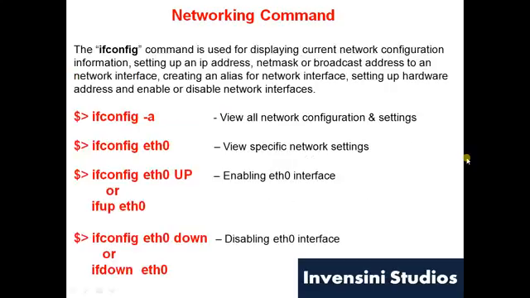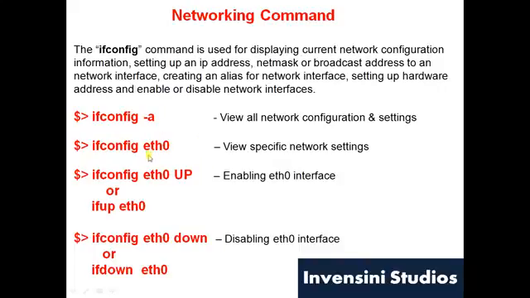Ifconfig, a very versatile command, very versatile. Suppose I want to know about my system, right? So I will say ifconfig, and it will tell me all the configuration like IP address, RX, TX, and if I say -a, it will tell me about all the Ethernet interfaces that I have on my system.